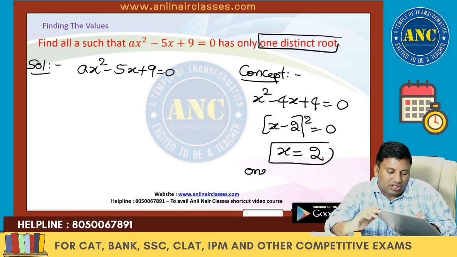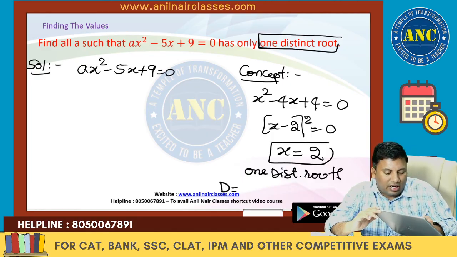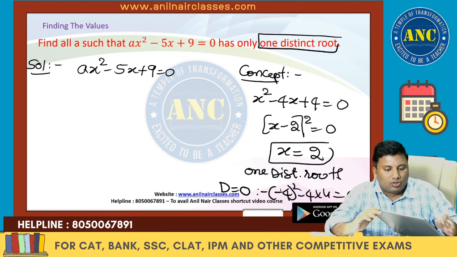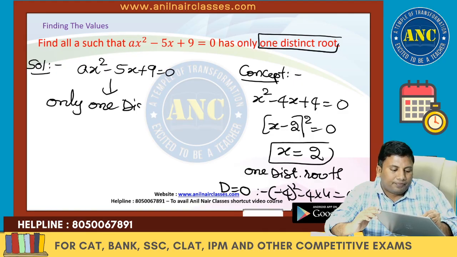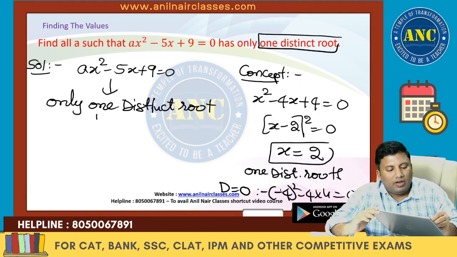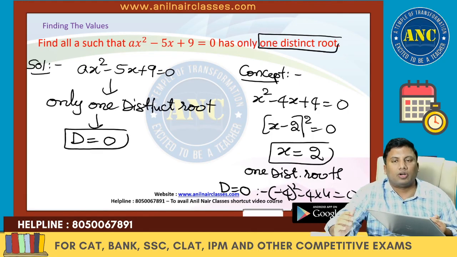Only one distinct root I got. When the discriminant is equivalent to 0, b square minus 4ac equivalent to 0, a quadratic expression has only one distinct root.